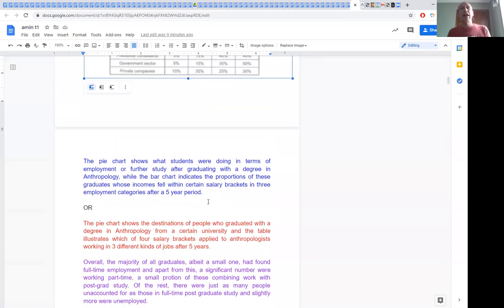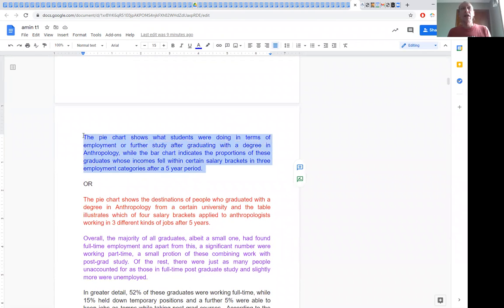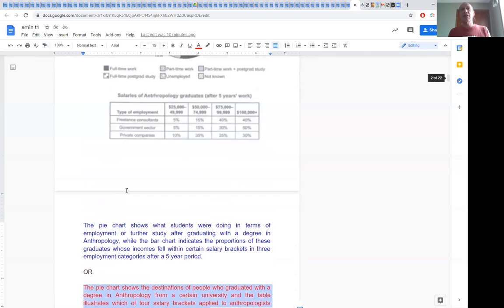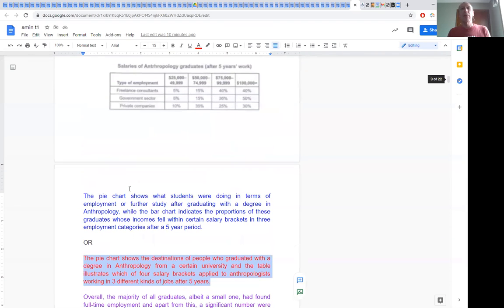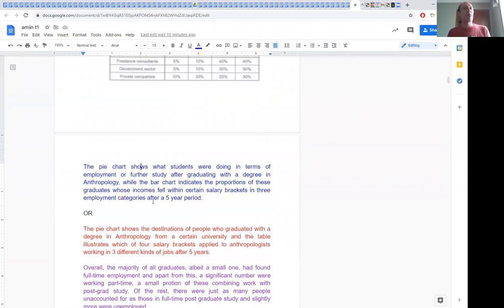So here I did in blue and in red, I tried to do the topics for both graphs. The first one is a little bit more complete, I think the blue one, than the red one. So I will read them to you. And if you want, you can pause the video after that to read them a little bit more closely.